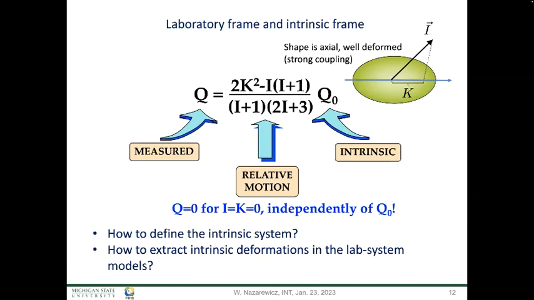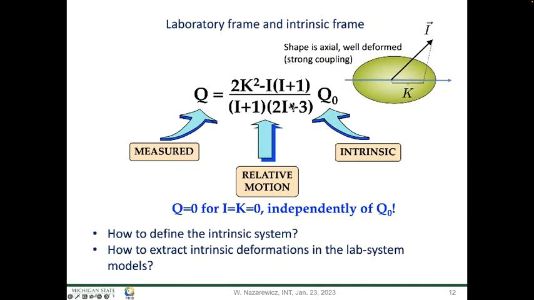It's called K. And then in this case, life is easy, and you can, for instance, relate the quadrupole moment of the nucleus, this ellipsoid, to the quadrupole moment which you measure in the laboratory system. So there exists a transformation between the intrinsic and laboratory systems.